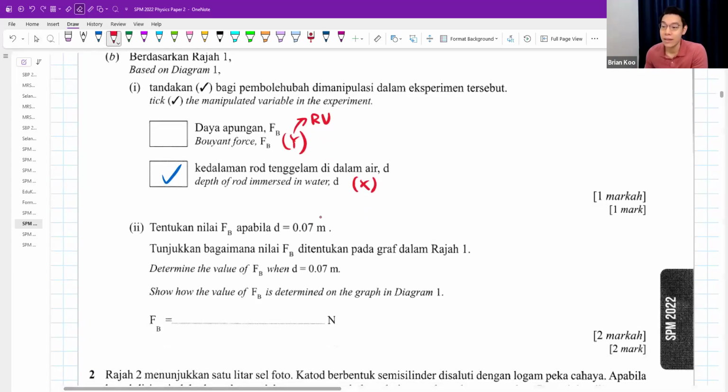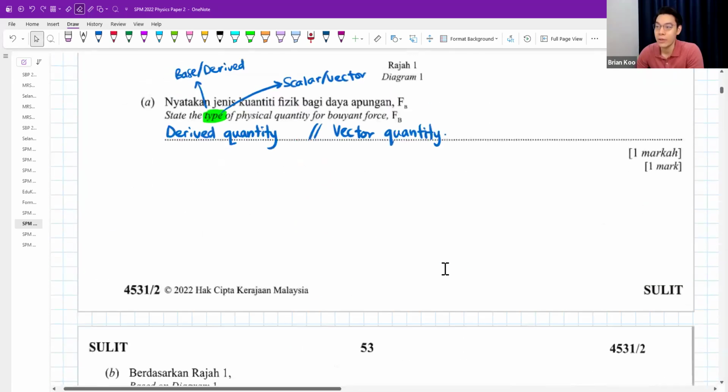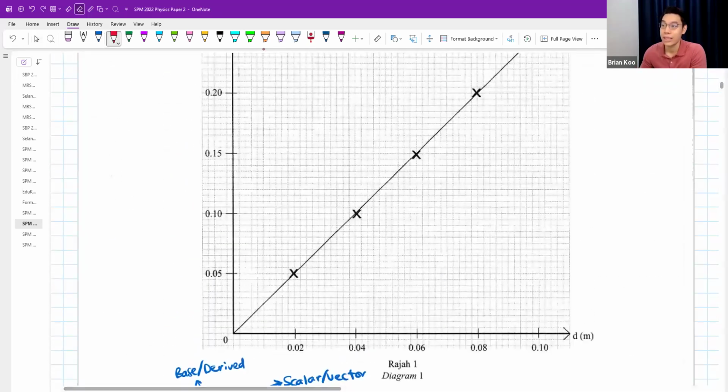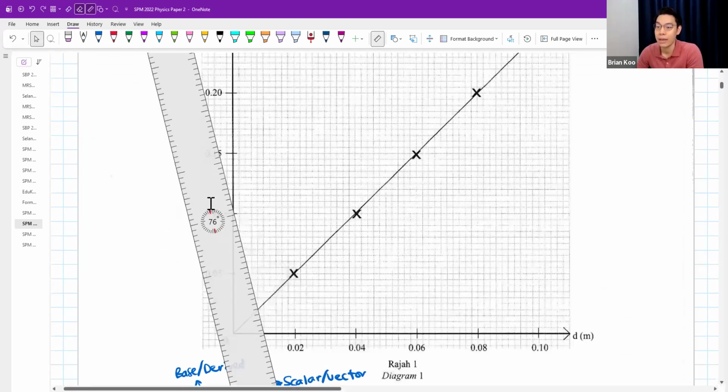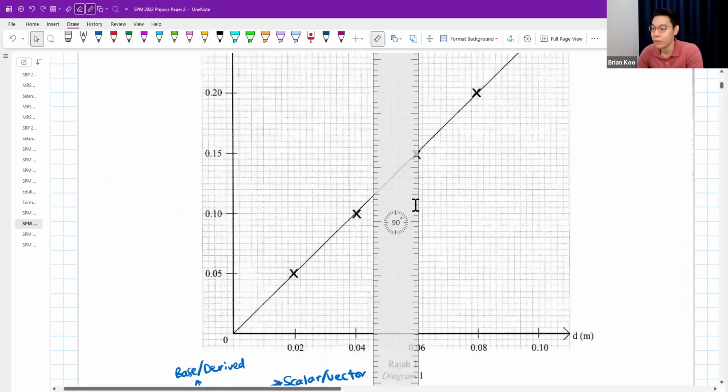Determine the value of FB when the depth is 0.07 meters. Show how you get the value. Okay, depth 0.07. When they say show, it means you just need to take out your ruler and draw it out for them.